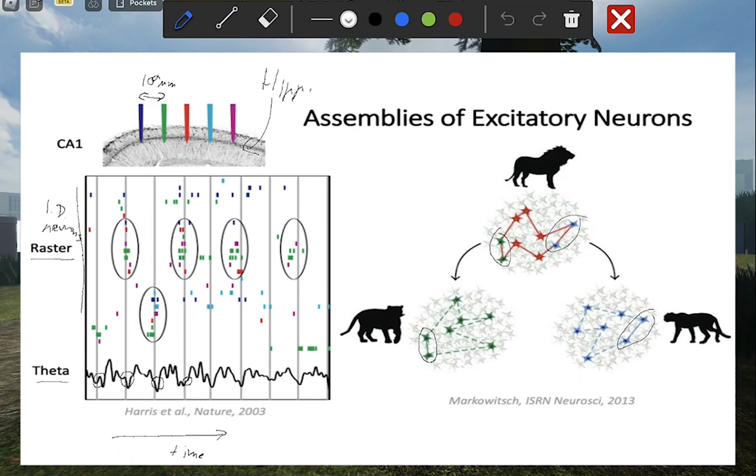They might no longer become active when everyone else is active, and they might join some other assembly. This is a stability issue, and it seems like it's actually useful somehow, because why would the brain do that otherwise?